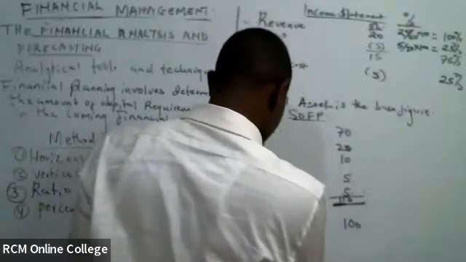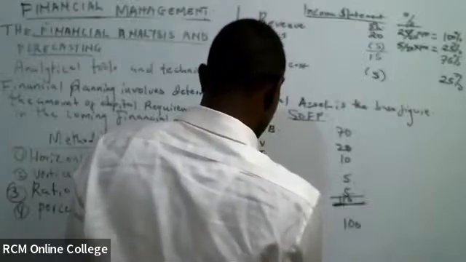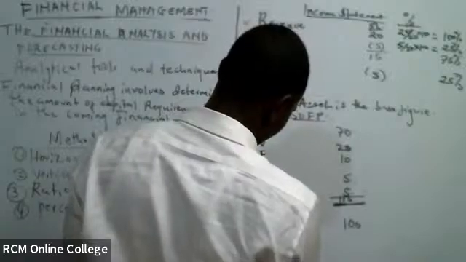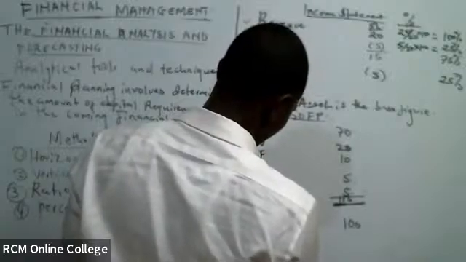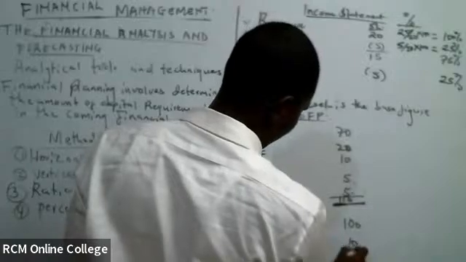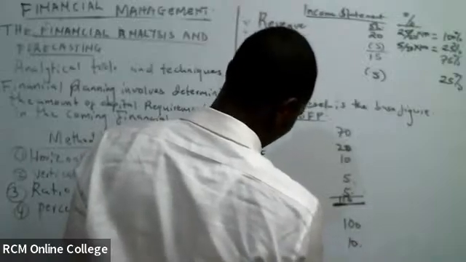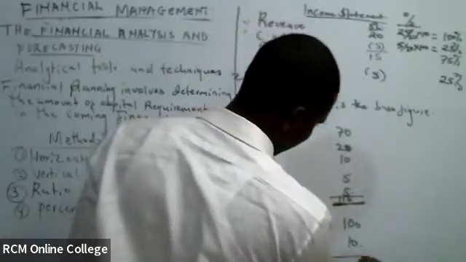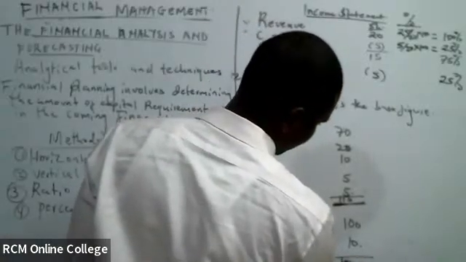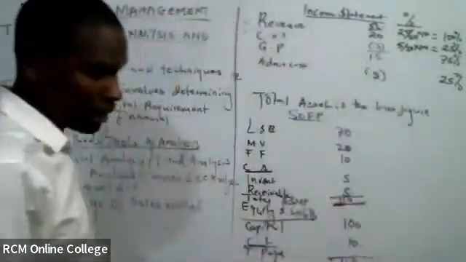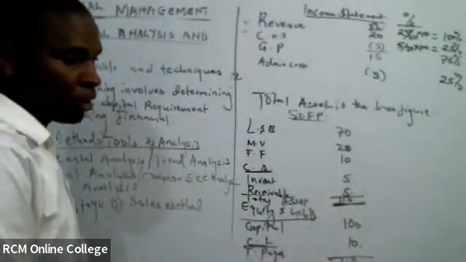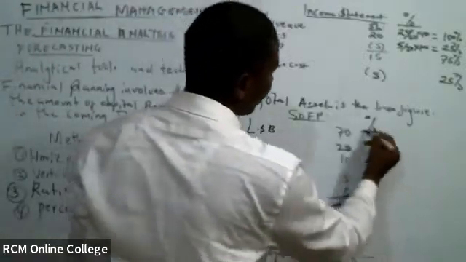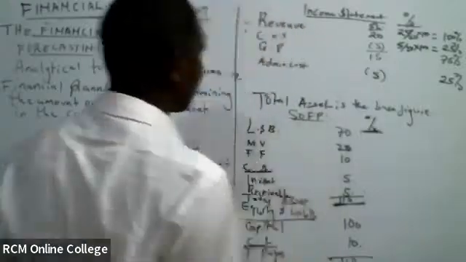Then I have my current liability of trade payable of 10. So that's my total equity and liability. Is it divisible? Total equity and liability, that is where we get 110. That's just a simple illustration to guide you on how you can get these using the vertical method.